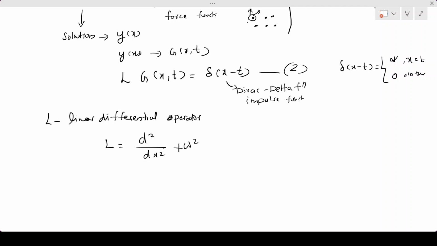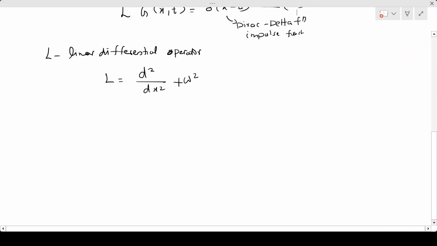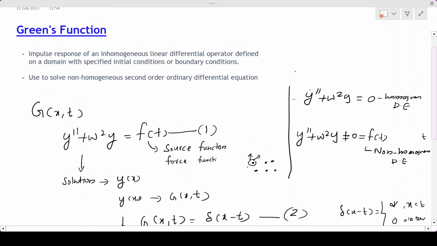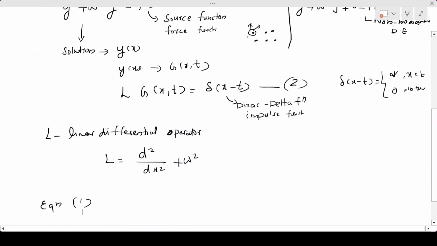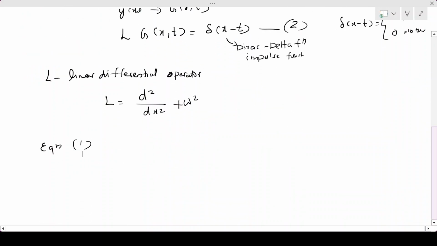Now let me come back to our discussion. We were discussing equation 1. Equation 1 means y double dash plus omega square y is equal to f of t, where f of t is a force function or an impulse function.